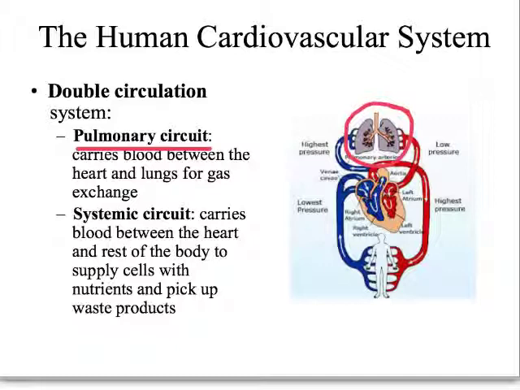We also have systemic circulation, which carries blood between the heart and the rest of the body organs in order to provide the cells of those organs with nutrients and pick up any waste products that they are expelling.